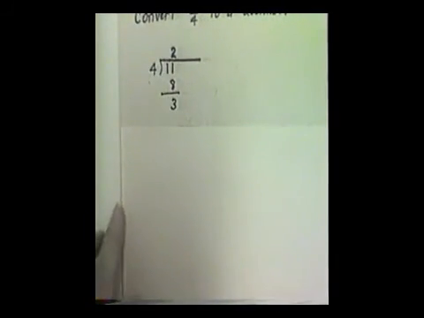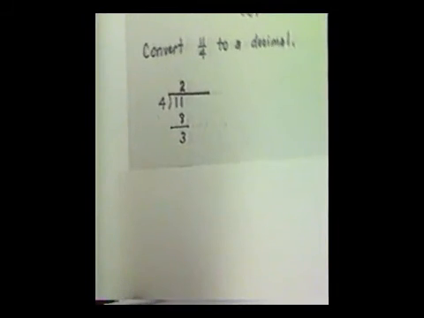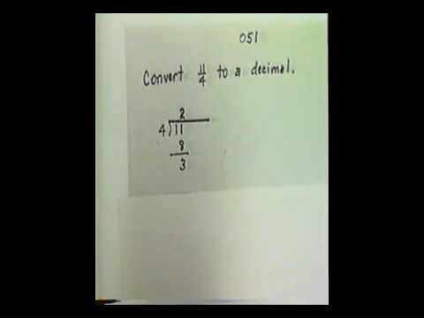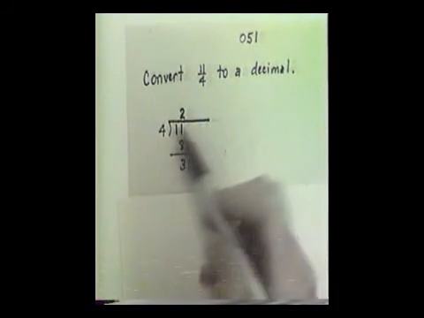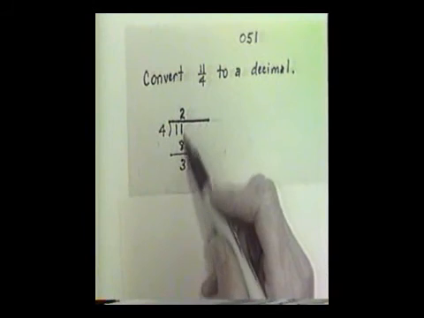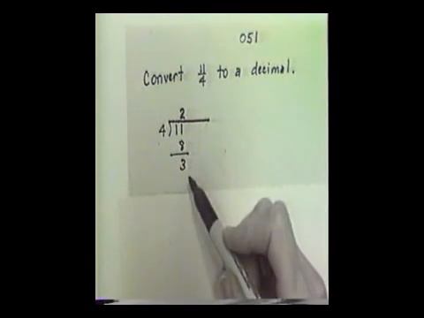Converting 11/4 to a decimal, the same number that we just were working with. When we convert 11/4 to a decimal, we divide the denominator 4 into the numerator 11. We get 2. 2 times 4 is 8. Subtract and get 3.